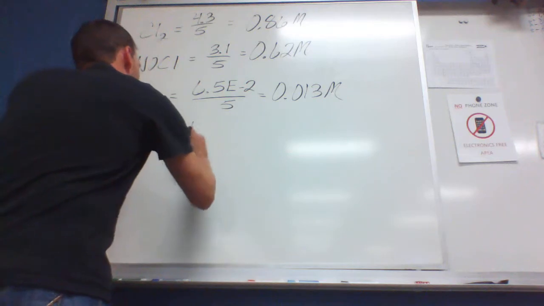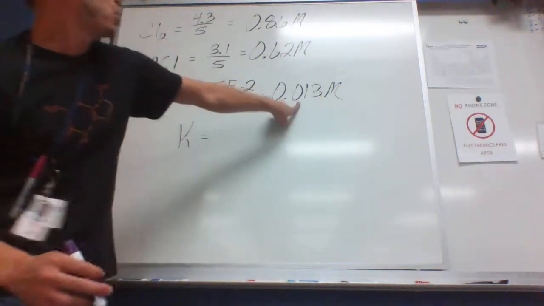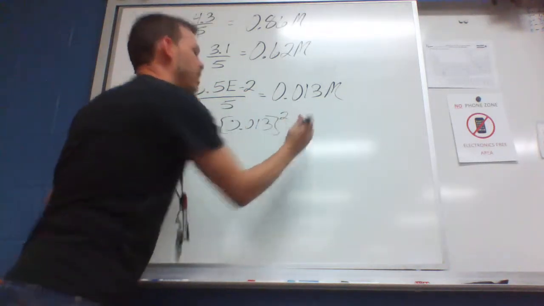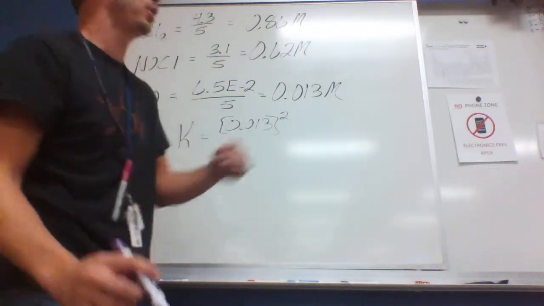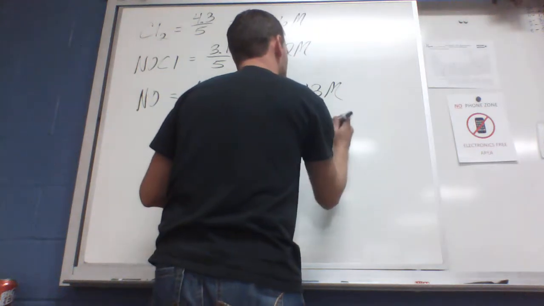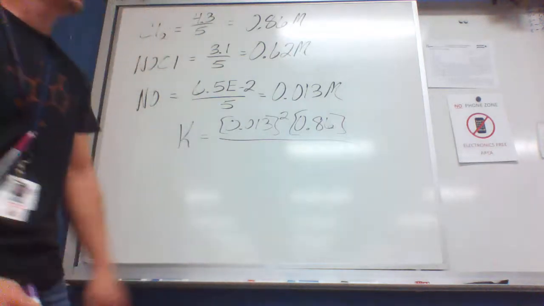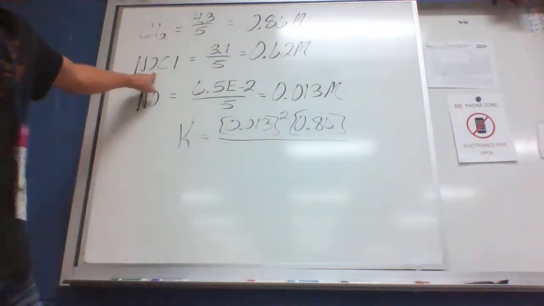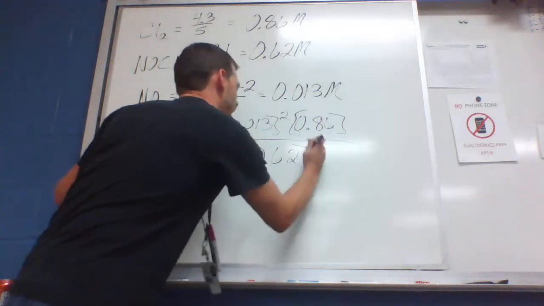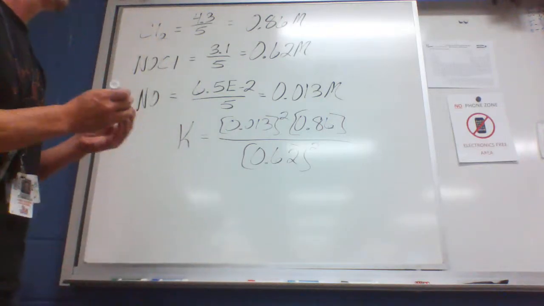So I'm going to find my K. My product is my NO, which was 0.013, raised to the power of 2 because of the coefficient, times the Cl2 concentration, 0.86, with no coefficient, so no power, over my reactant of NOCl, which was 0.62 molar, and again raised to the power of 2 due to the coefficient.